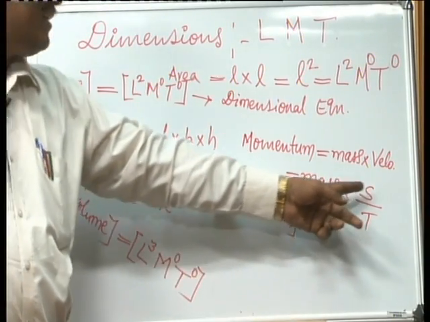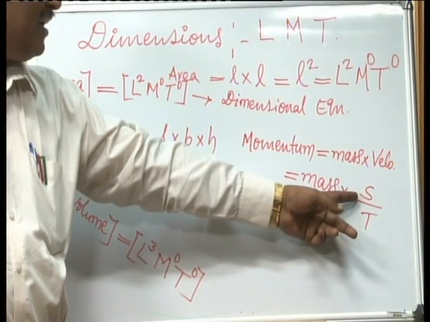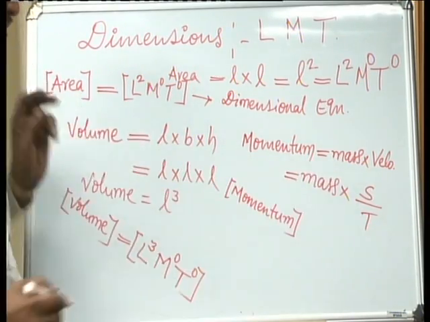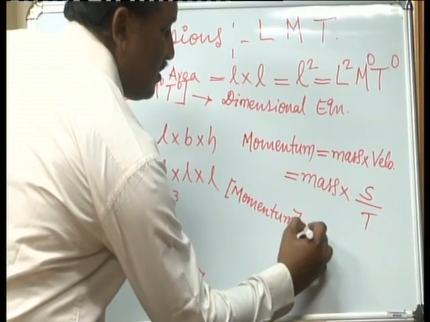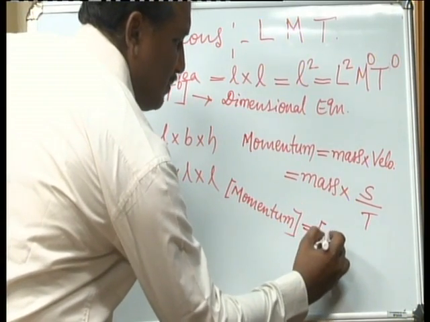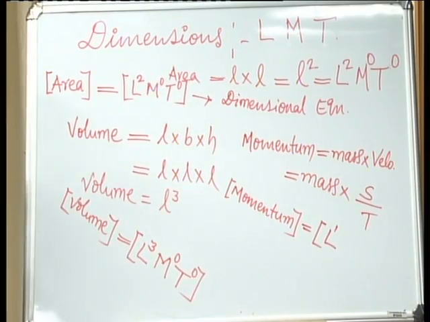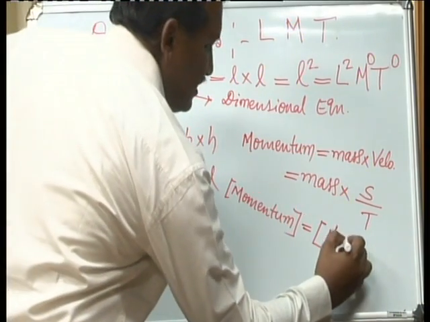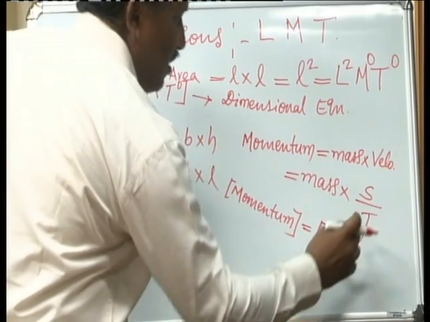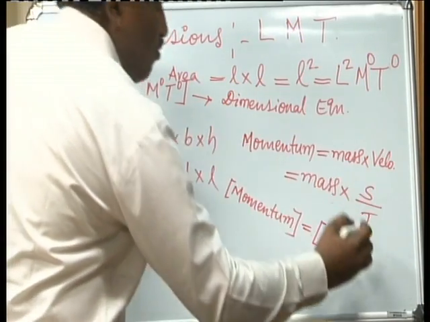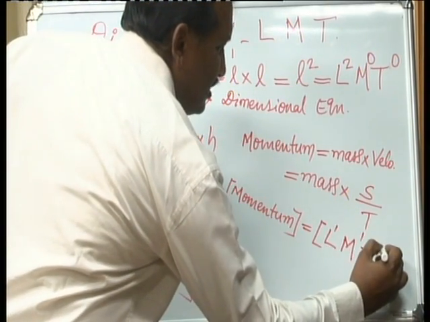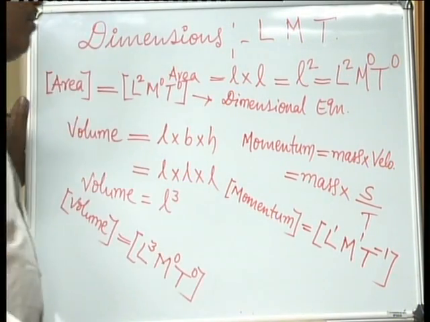On the right hand side we are using the S. S means length, so S means L. L is used only once, you can say L power 1. Mass of the substance is also used, it is M power 1. T, when it goes to the numerator, its power changes to -1.